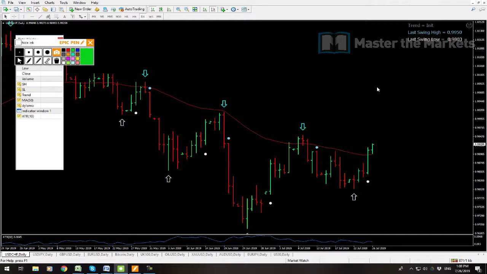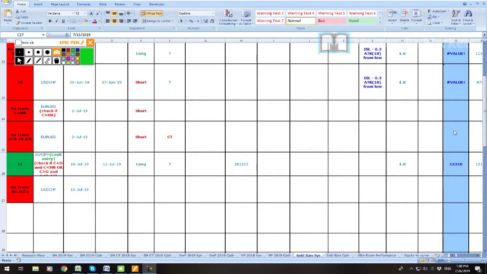In terms of our positions, the Elite Room and the Live Trading Room have been pretty much flat as of now. There weren't any trades taken for this week, 22nd to 26th. It's been quiet. We're waiting for good opportunities to come by. The Live Trading Room is the same, so we're pretty much flat, 0% this week.